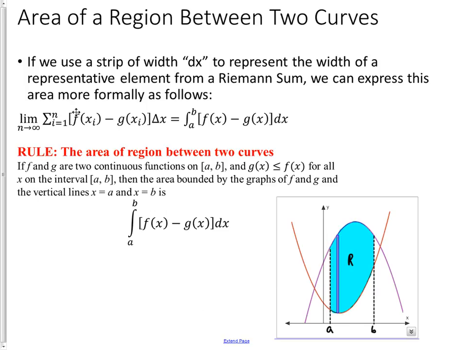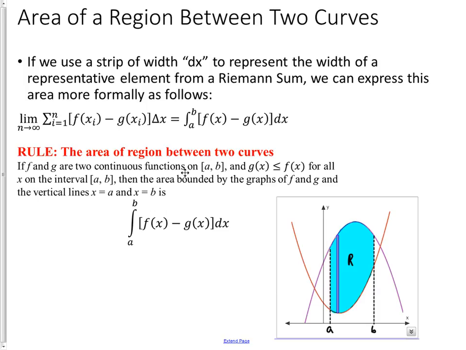And formally, from the Riemann sum, if we take the limit as n approaches infinity of the sum from i equals 1 to n of f of x sub i minus g of x sub i times delta x, we can think of that as the definite integral of the difference between f of x and g of x dx.